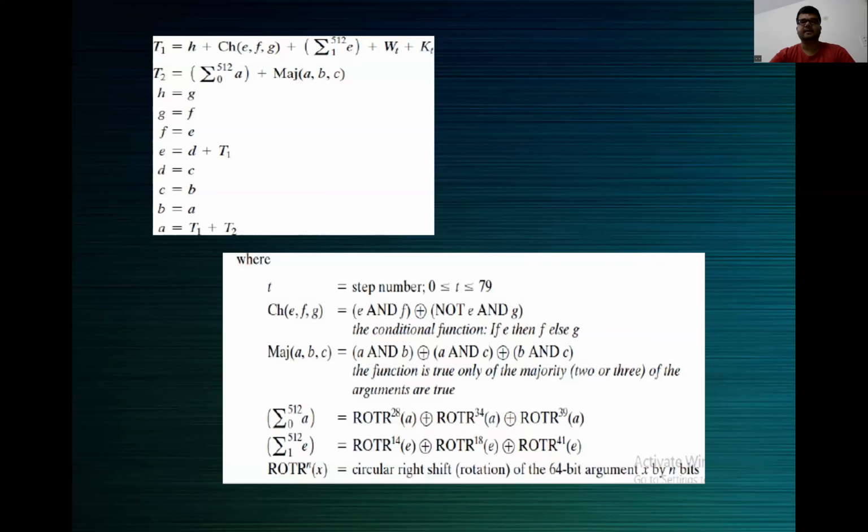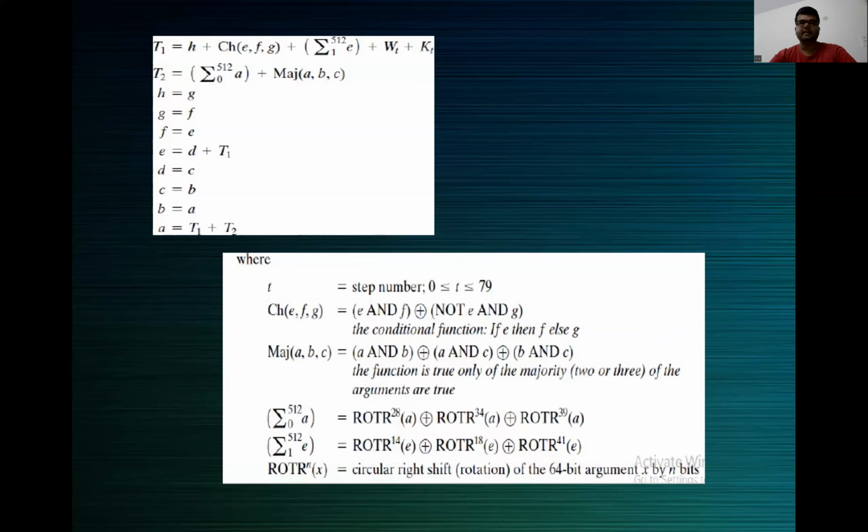Where T equals the step number, and it is between 0 less than or equal to T less than or equal to 79. CH bracket open E comma F comma G bracket close is equal to bracket open E and F bracket close XOR bracket open not E and G bracket close, the conditional function.